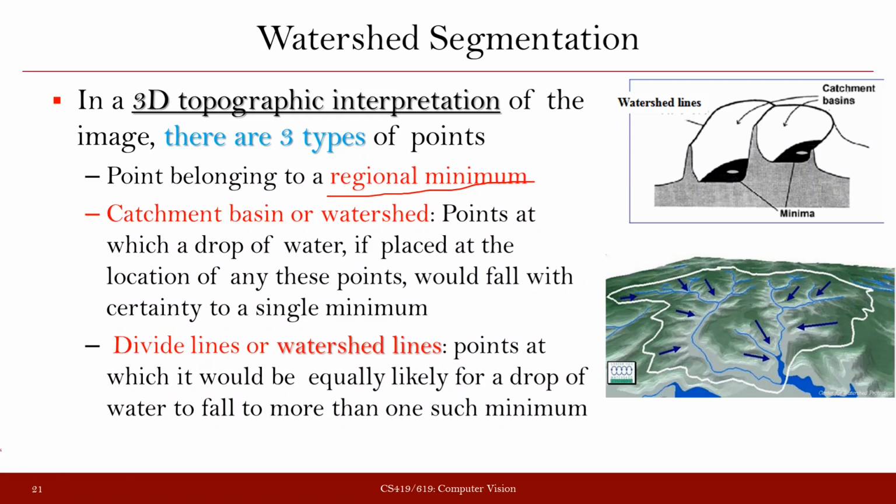Then you will have watershed points, also called the catchment basin. These are the points where if a water drop falls, it accumulates to a common point.